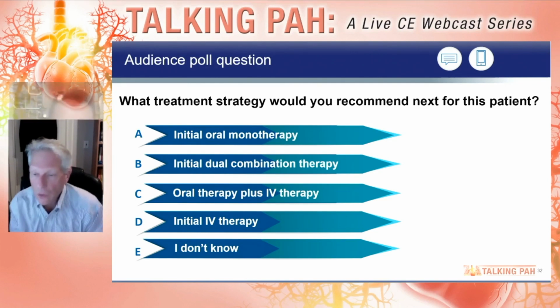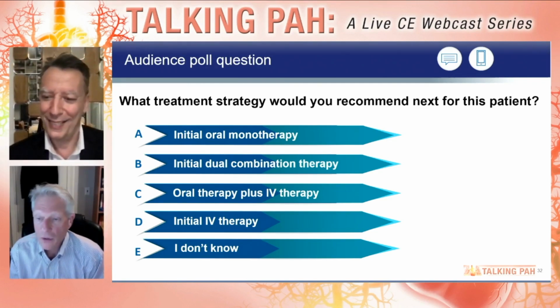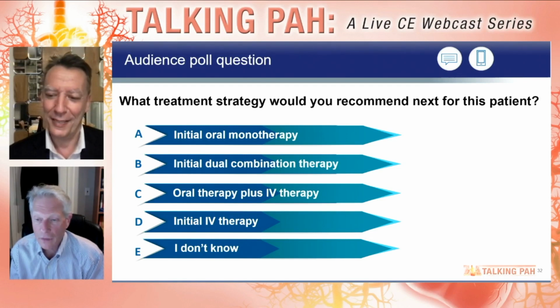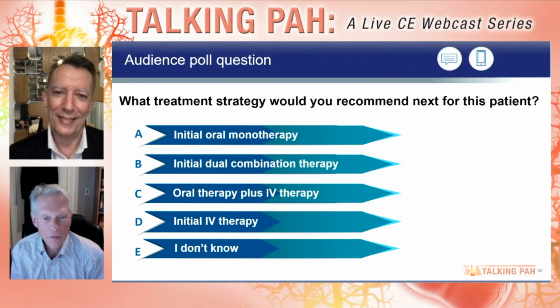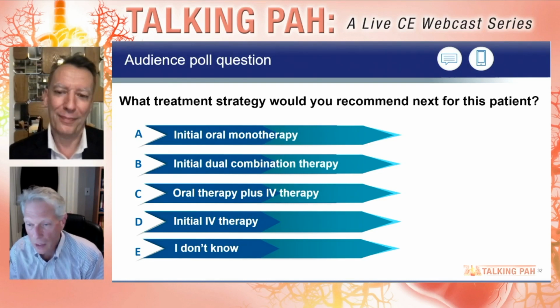While we're waiting, there is a question about why some places use adenosine for vasoreactivity testing. There aren't many places left that do that because it makes patients feel pretty miserable. And it's so much easier as far as side effect profiles to use things like either nitric oxide or epoprostenol.